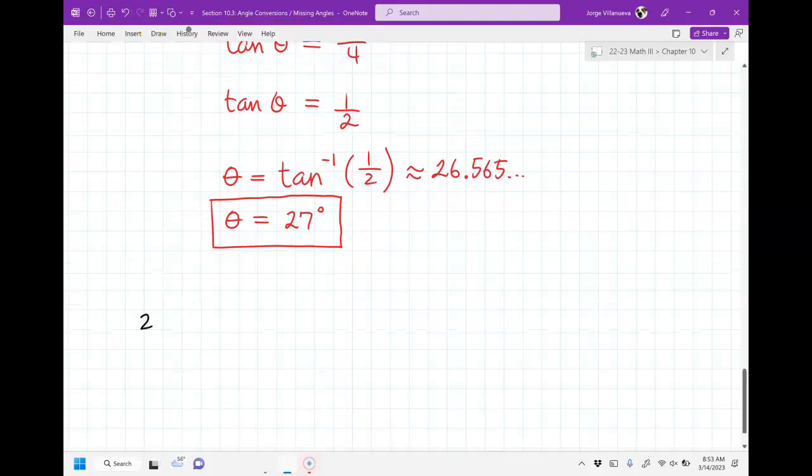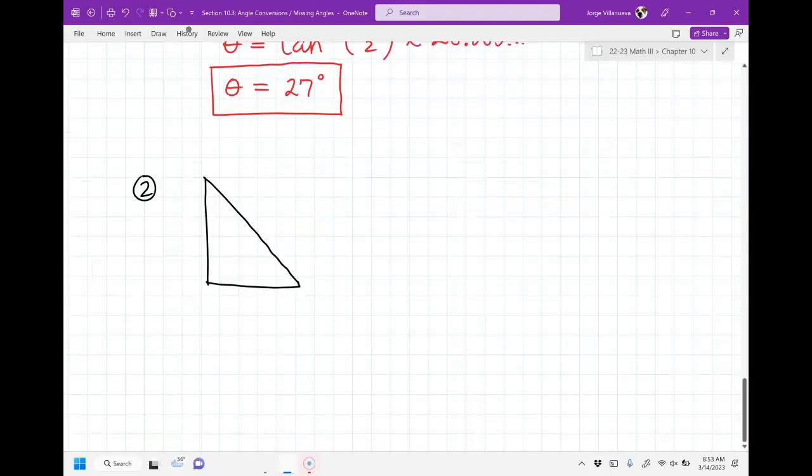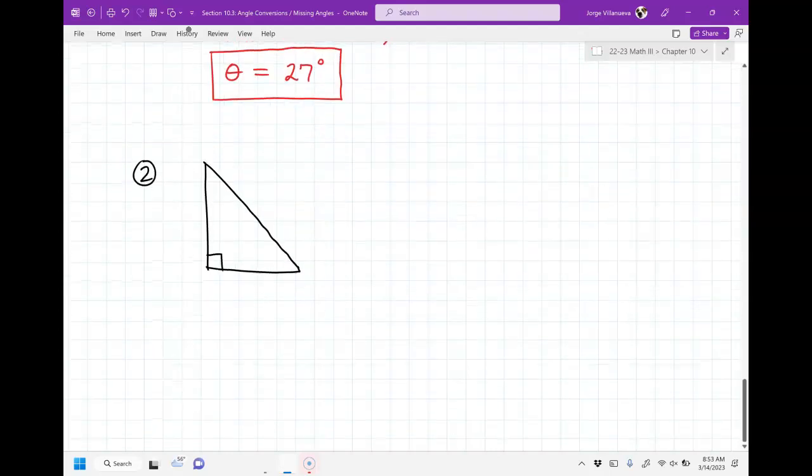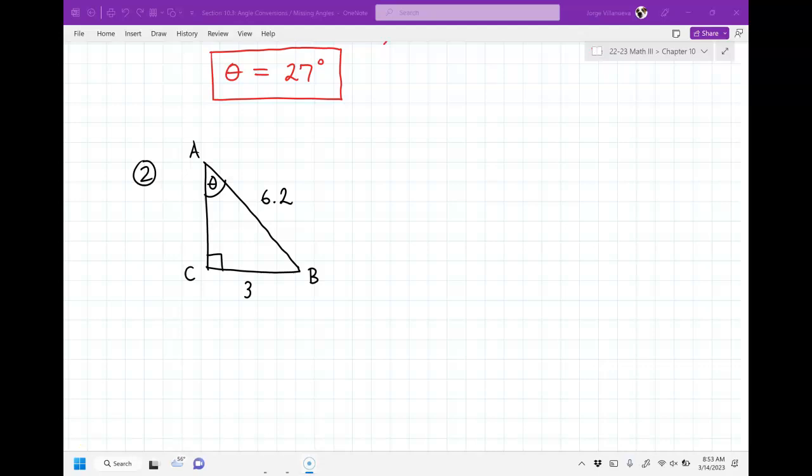Here's another one. 6.2, a 3 here, theta's there. So remember, we're trying to solve for the angle theta.